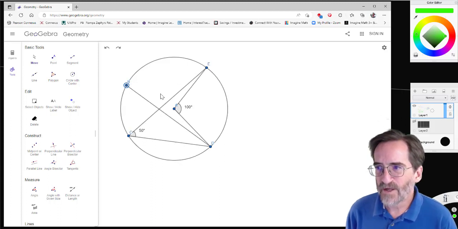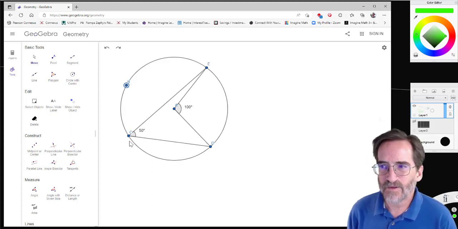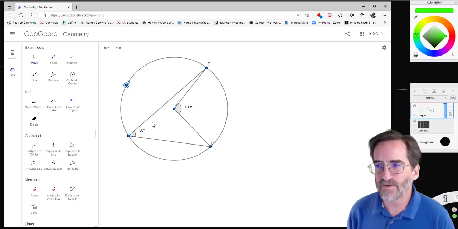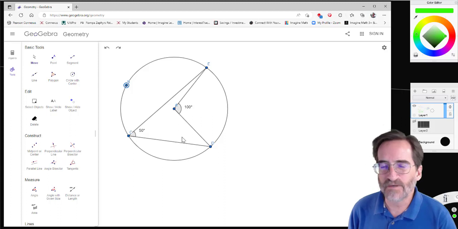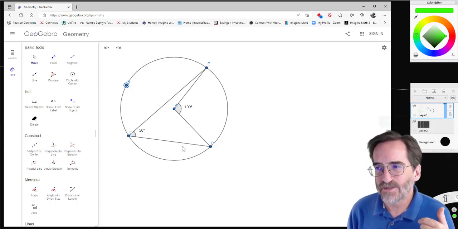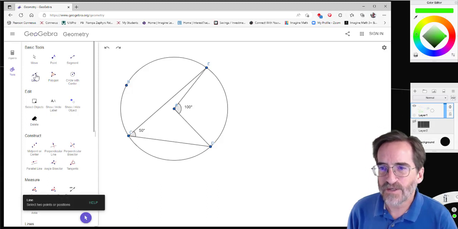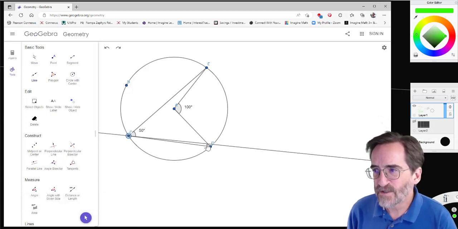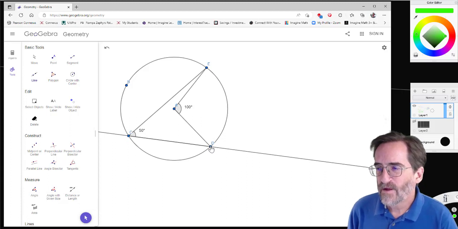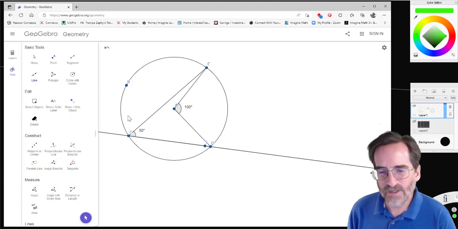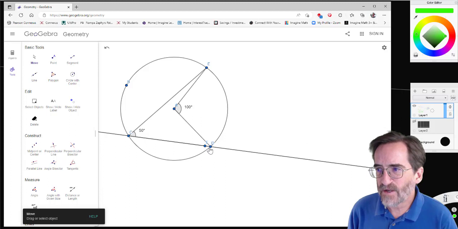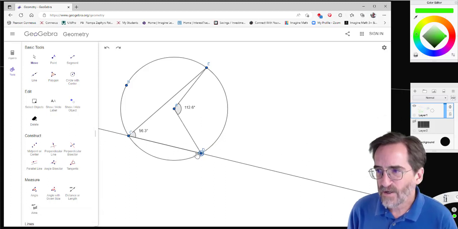Now that brings us to this point here. What about the case of a tangent? These sides of the angles are chords, and if I drew lines, they'd be secants. But tangents just touch once. So I'm going to draw a line CD here, and examine what happens when D moves so that it becomes tangent.